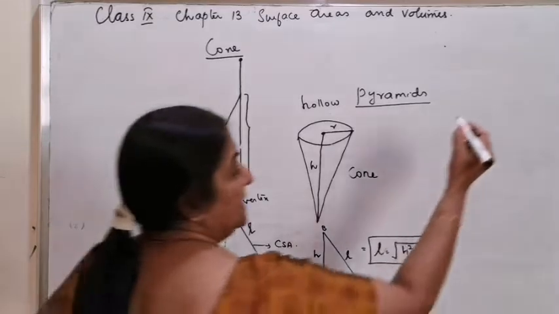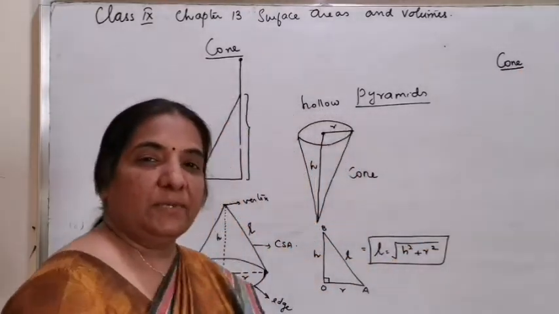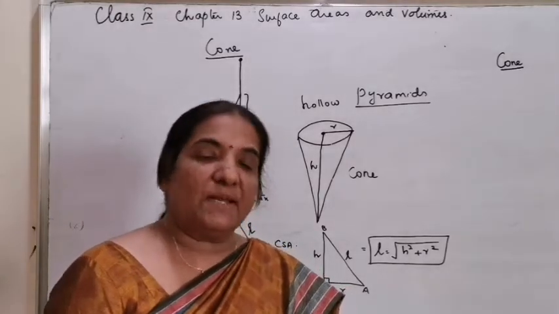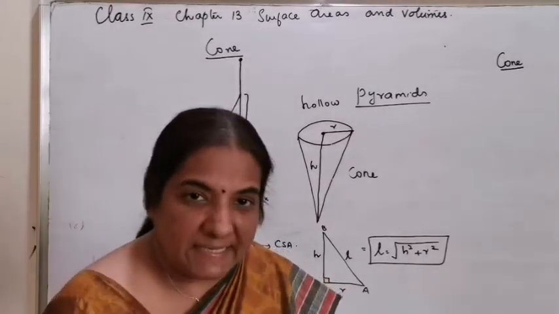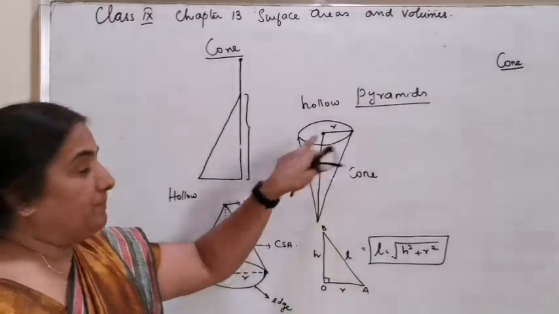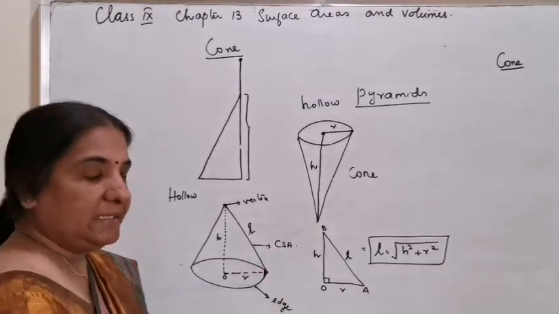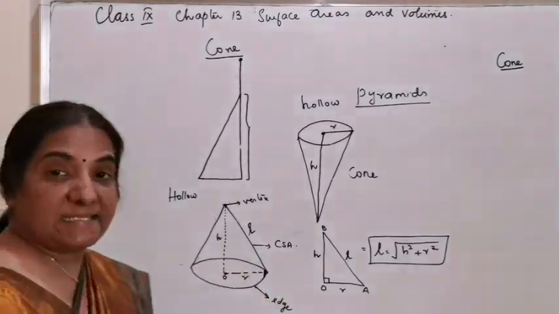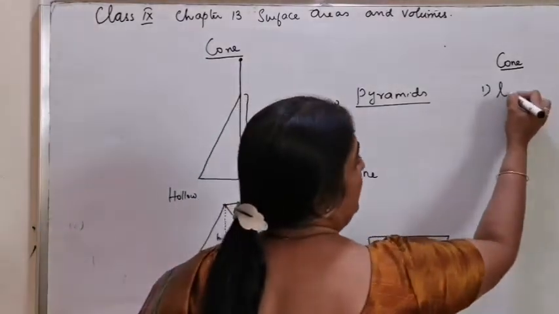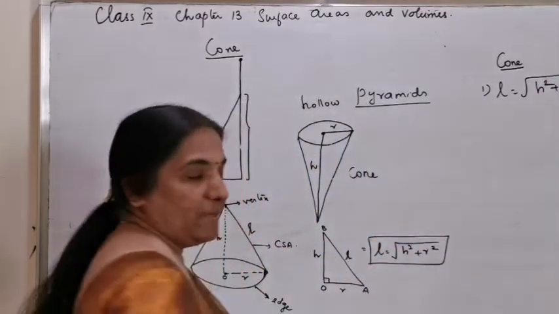That is, for a cone, there is a vertex, there is one edge as well as a curved surface area. The radius of the cone is denoted as r. Height of the cone is the perpendicular height h, and the cone will always rest on a slant height, which can be found out using the formula square root of h square plus r square.